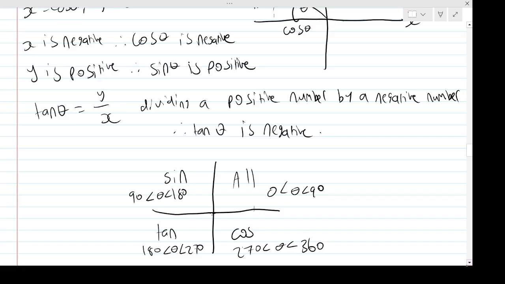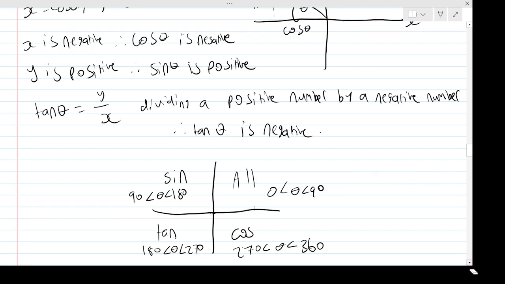So if we have a particular angle, for example tan of 135, that's between 90 and 180. Only sine is positive between those angles, so tan would get me a negative result here. Obviously I don't know what the result is per se, but it'd be negative something, right?